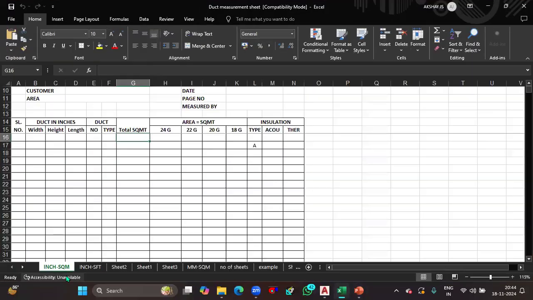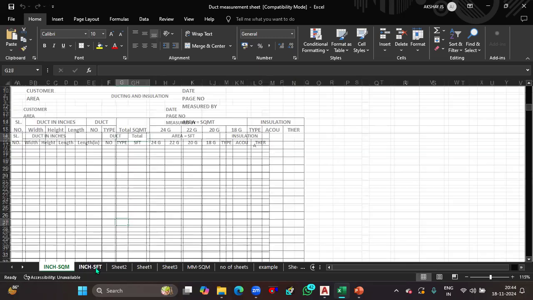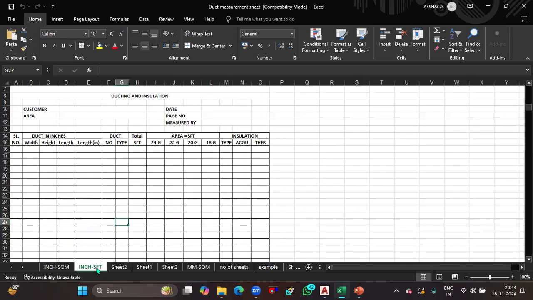Here you can see the first sheet is inch to square meter. That means if your drawings are in inches, but you need to convert the total surface area, that is the square feet value, into square meters, then you will use this approach. And similarly, with the standard way, which is inches to square feet conversion, you can use this sheet.